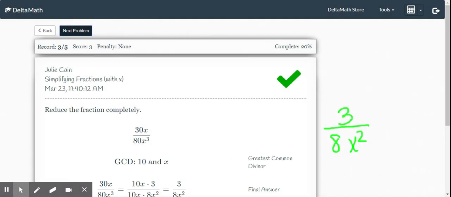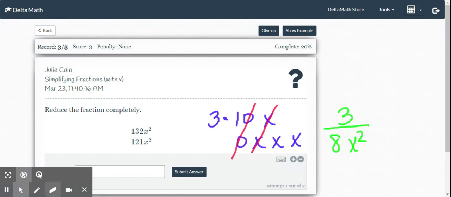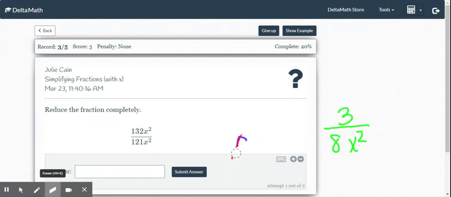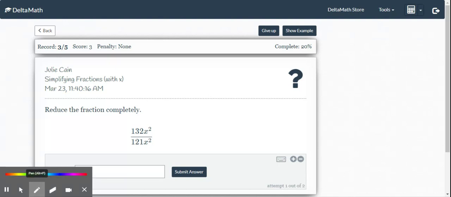If you just keep doing this, eventually, I'm going to delete these and submit these couple of answers really quick so you can see what happens when you've met your goal. Your goal is to get 5 out of 5, and right now we've done 3 out of 5. Once you achieve that, it'll say that you've achieved your goal, hit the back button, and actually I'll just do that now.